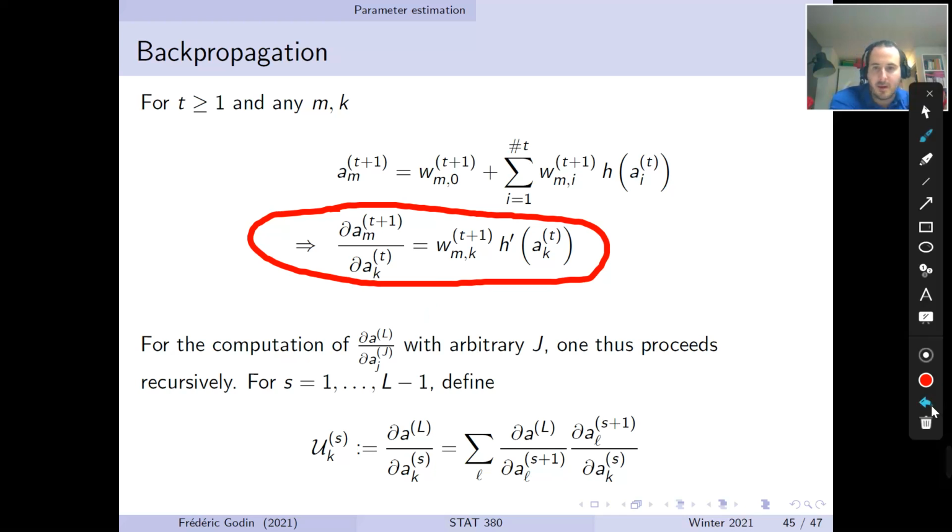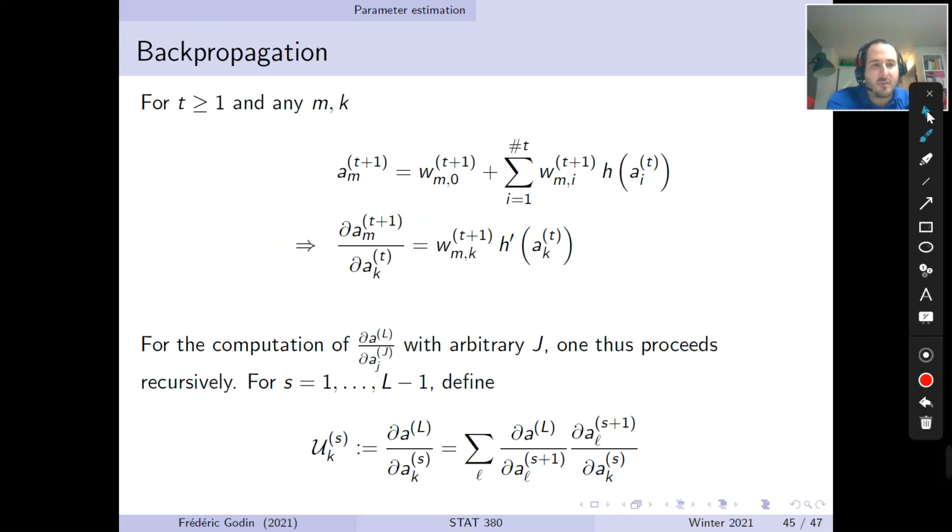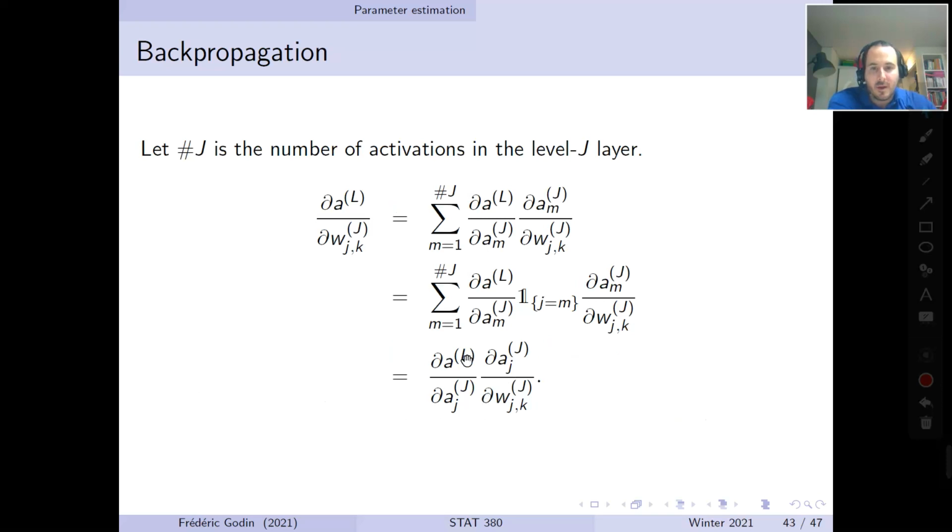Now what we needed, if we go back here, the first derivative we needed was the activation of the last layer with respect to not the activation of the previous layer, but the activation of any arbitrary layer in the network. So this is how we're going to use that, and we're going to proceed recursively with the relationship we've just derived.